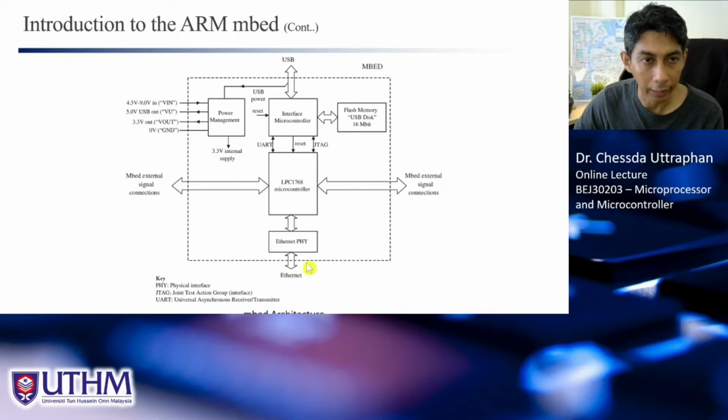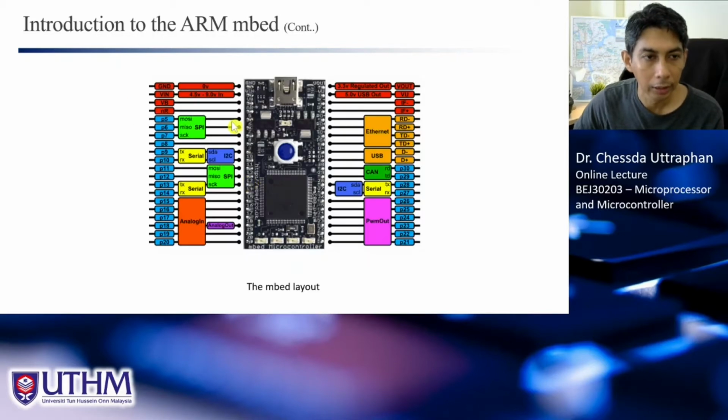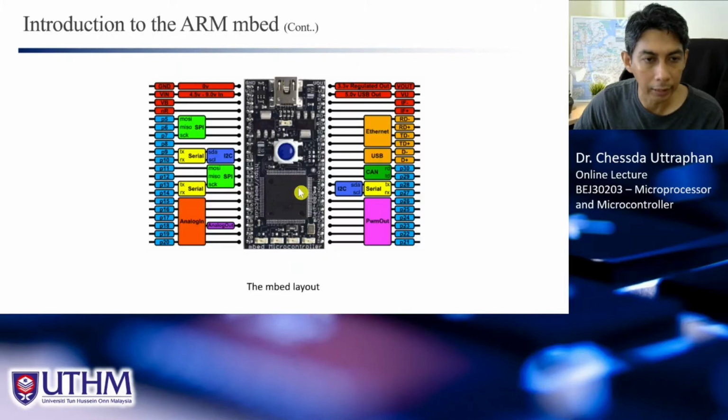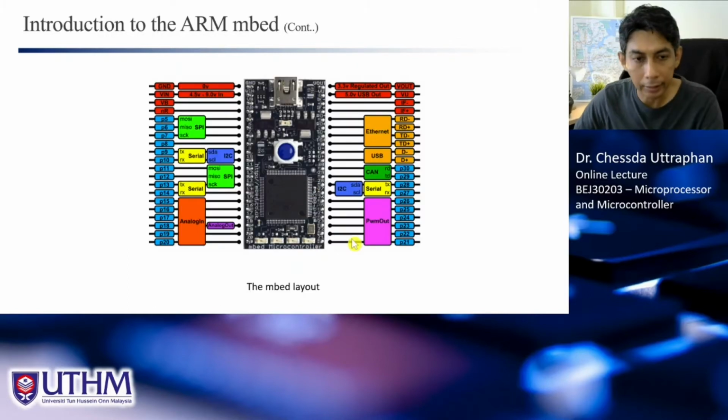Also, you will have the Ethernet, the USB, and the flash memory connected to the microcontroller as well to save the program. And of course, this one is for the power. So here is the mbed layout for the LPC 1768 microcontroller.